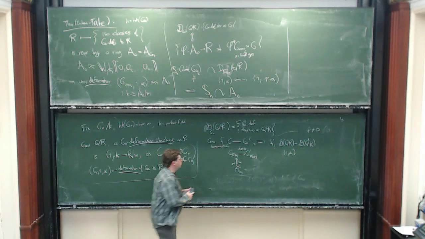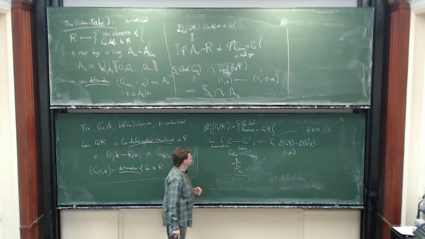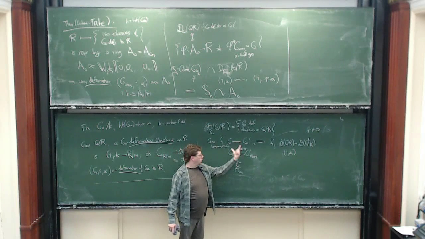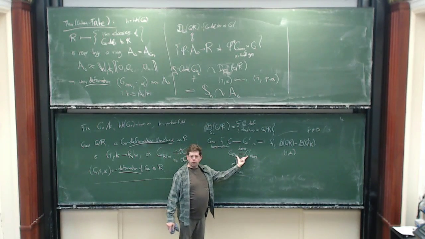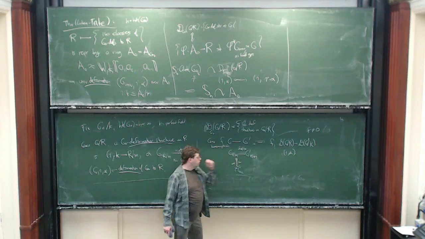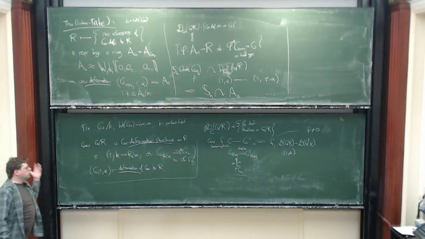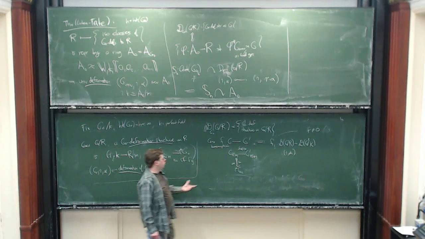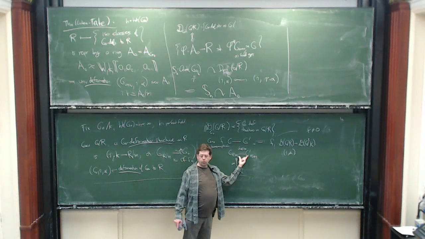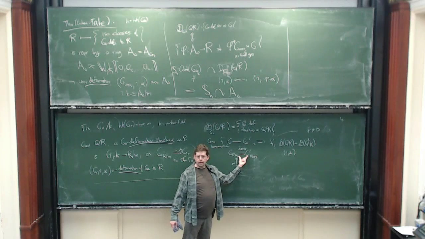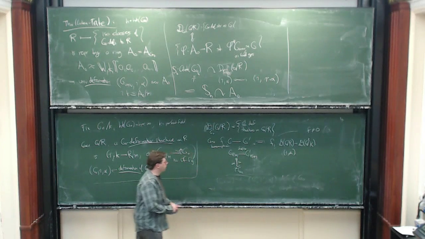How do I do that? Well, start with my homomorphism. It gives me a homomorphism of formal groups over the field R mod M. Now, I started out by telling you a fact about homomorphisms of formal groups over a field, which is that they factor canonically through a power of the relative Frobenius. And that's what happens here.